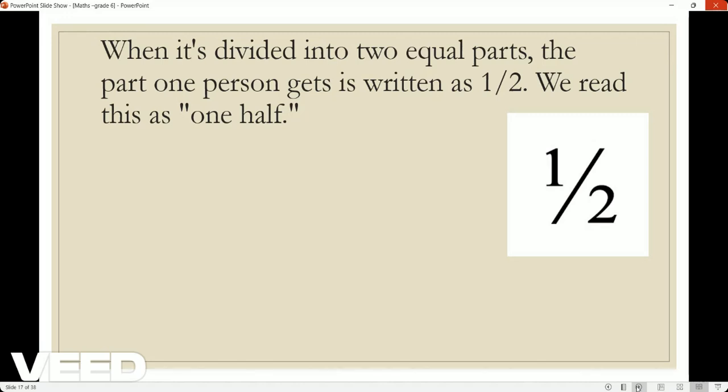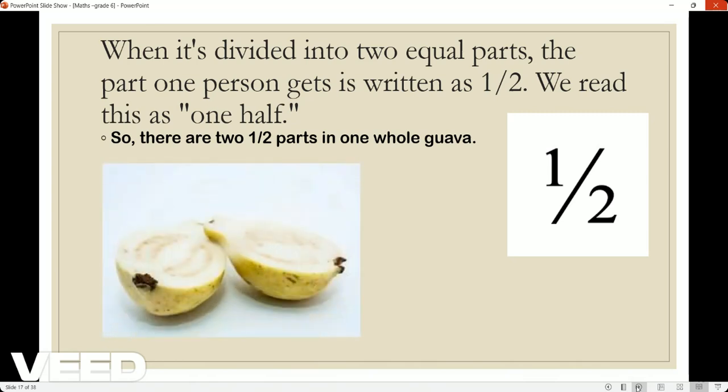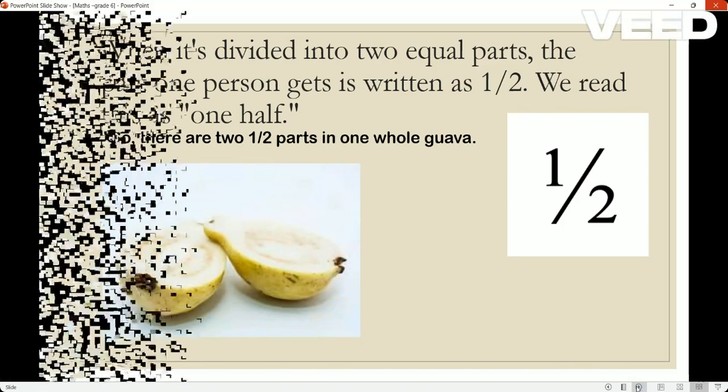Okay, now let's move on to our next part. So there are two 1 half parts in one whole guava. So this is a picture of guava as well.